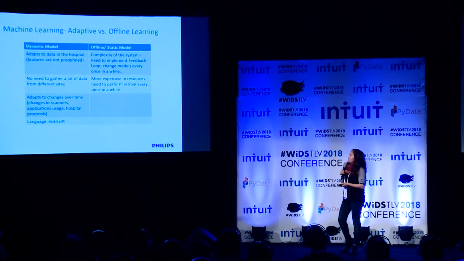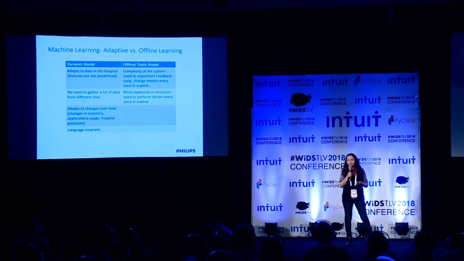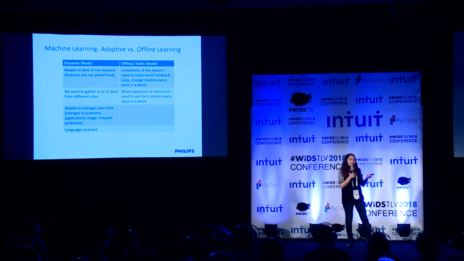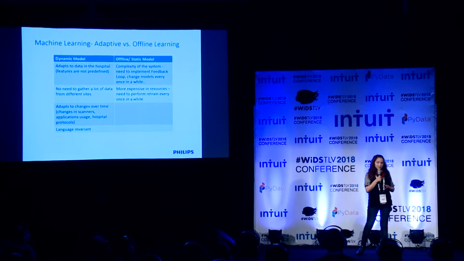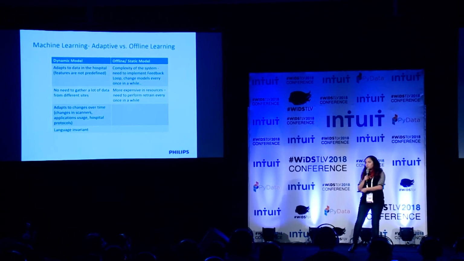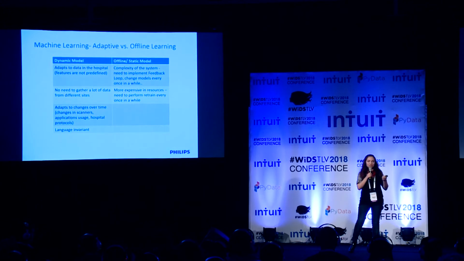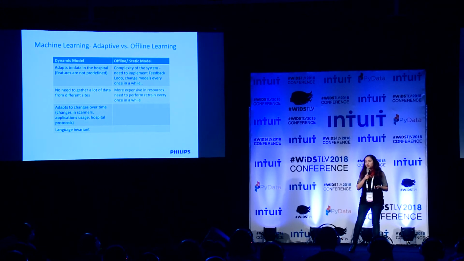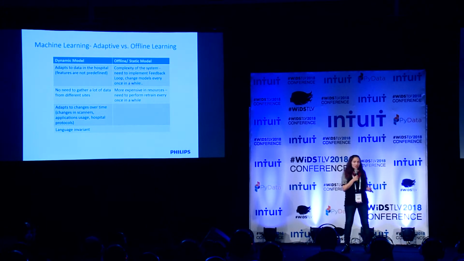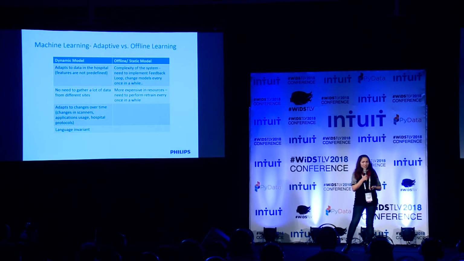Another question when designing this is whether to use a dynamic model or an offline model. The reality is that the variability of this data between different hospitals is very, very high, because each hospital has different scanners and, of course, different languages.